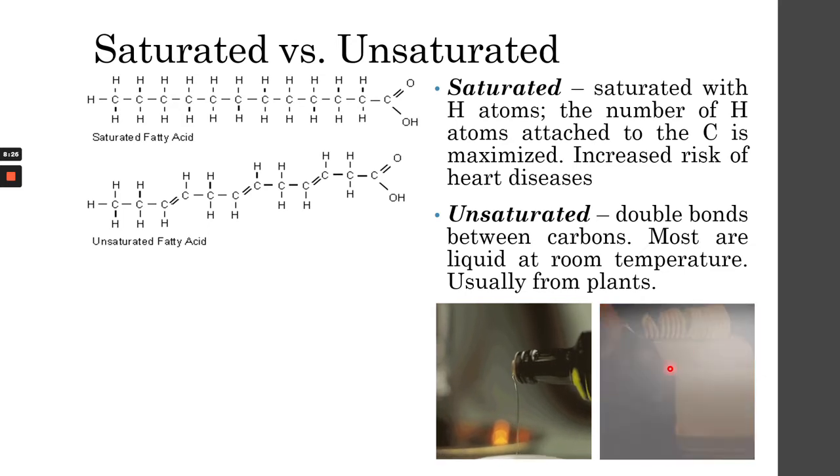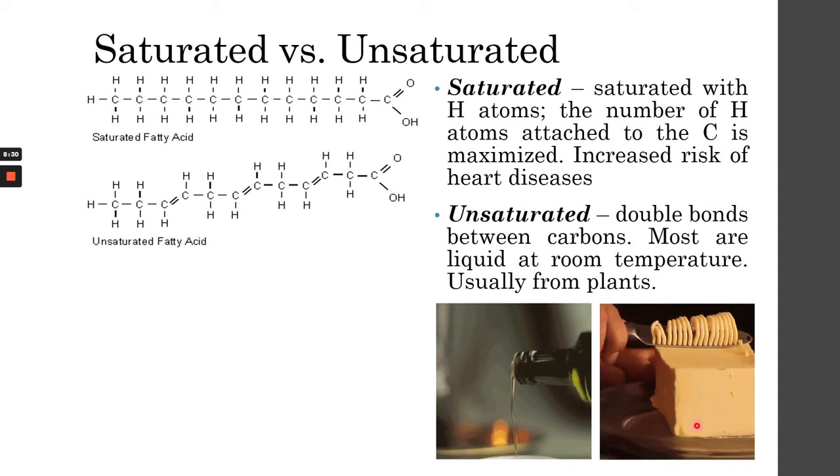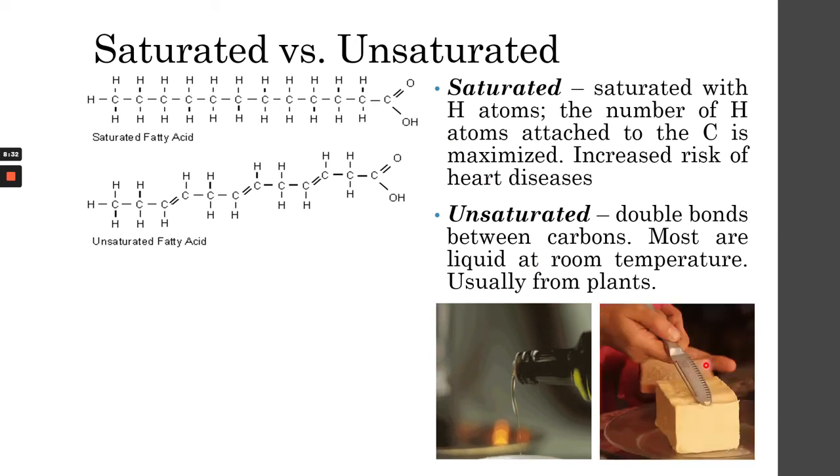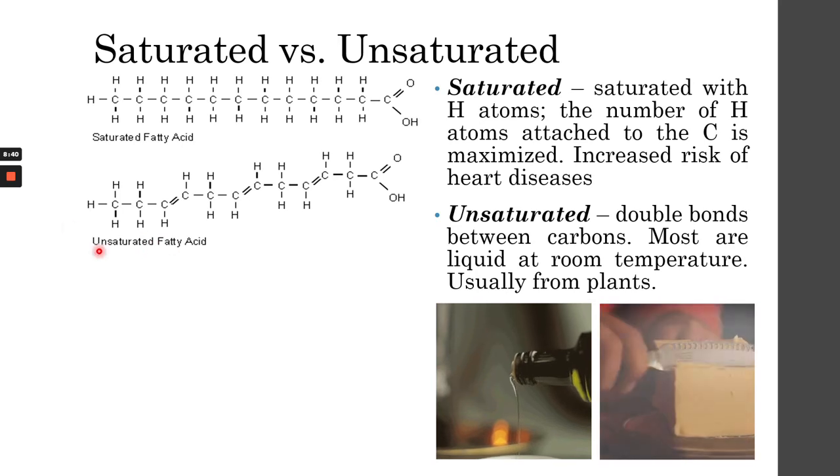The fats in here are saturated, making them packed tightly, making them solid even at room temperature. So if you have oils that are liquid at room temperature, most of the time those are unsaturated fatty acids.